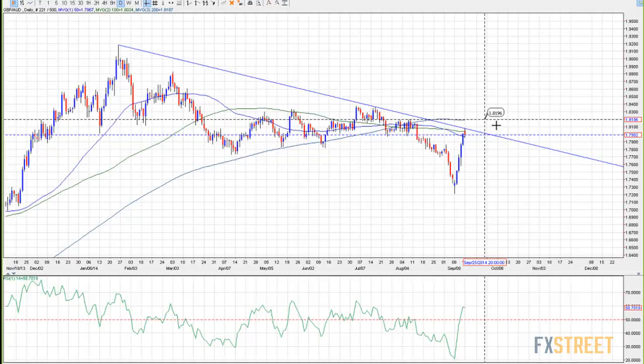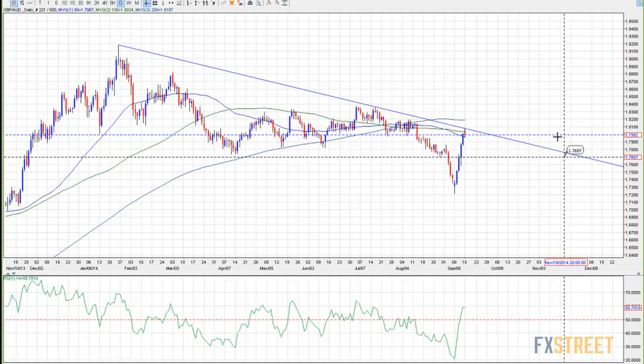Okay, now let's go to the 4-hour chart. So we saw this huge bullish attempt here, and again, this is kind of a recurring theme for these bullish attempts. Because of the prevailing bearish trend, we don't want to jump on the bullish bandwagon just yet.